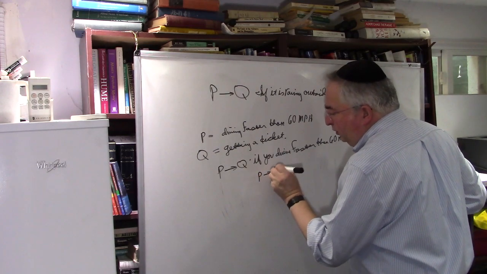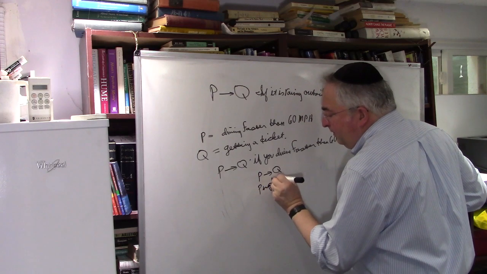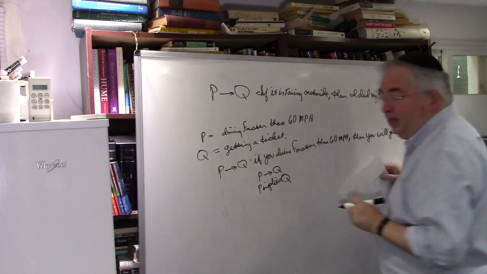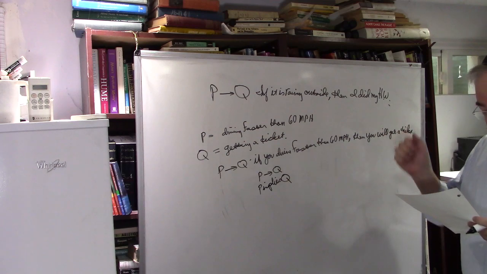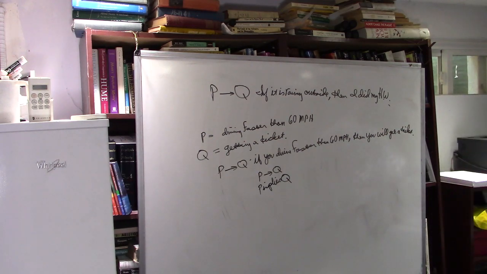P arrow Q. P implies Q. That means if one thing is done, then we do the other one.